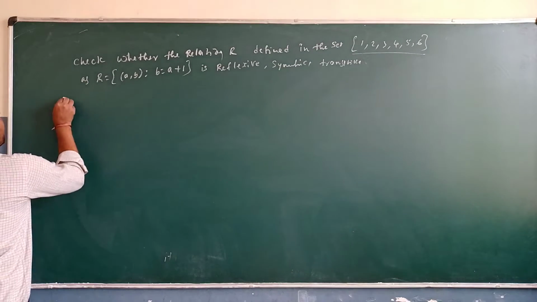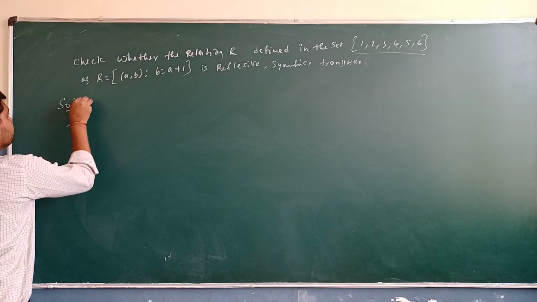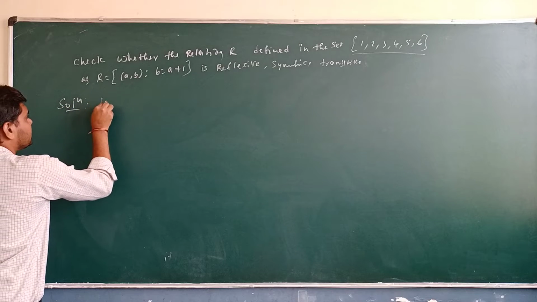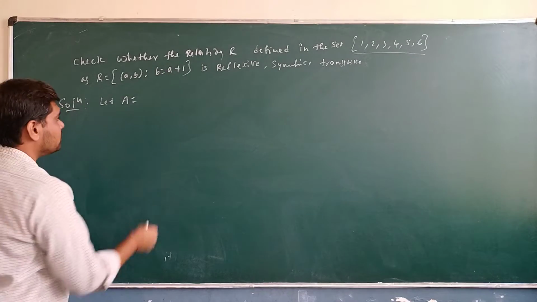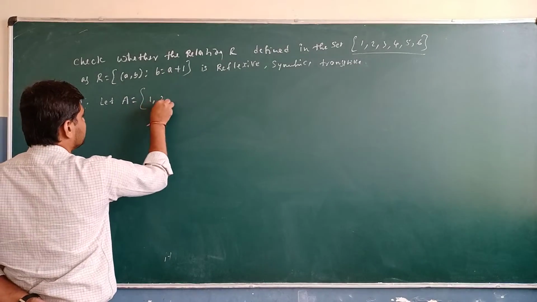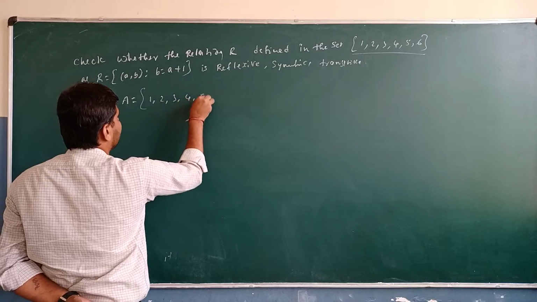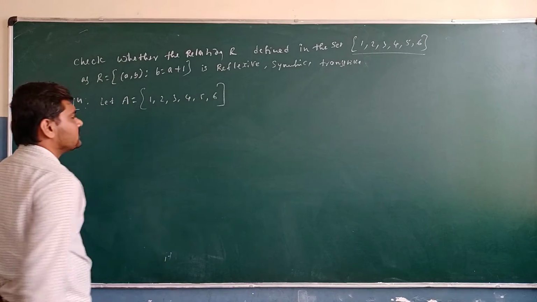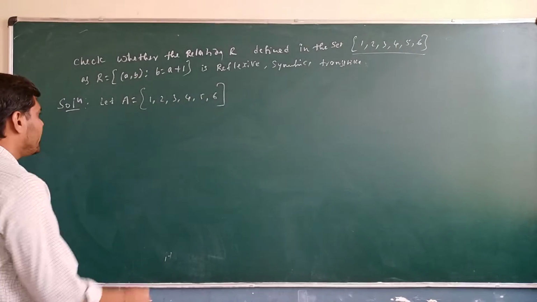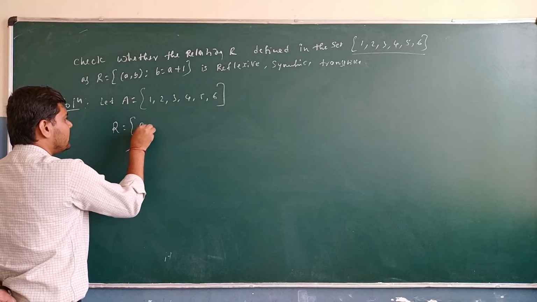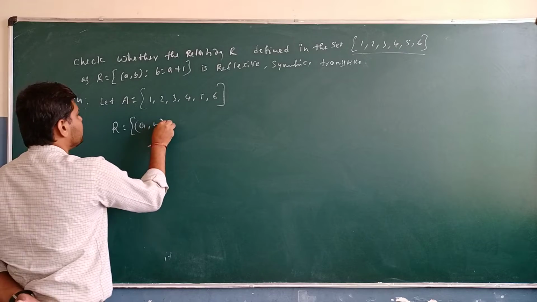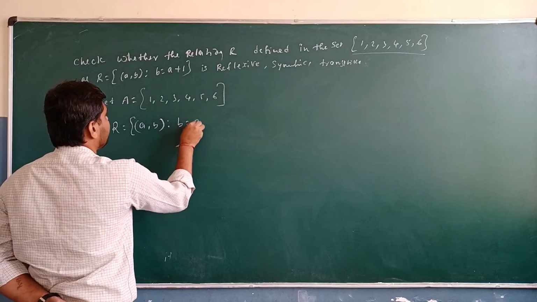So solution: let A is equal to the set 1, 2, 3, 4, 5, 6. That's going to be the given set. And they have given relation R, (a, b) such that b is equal to a plus 1.